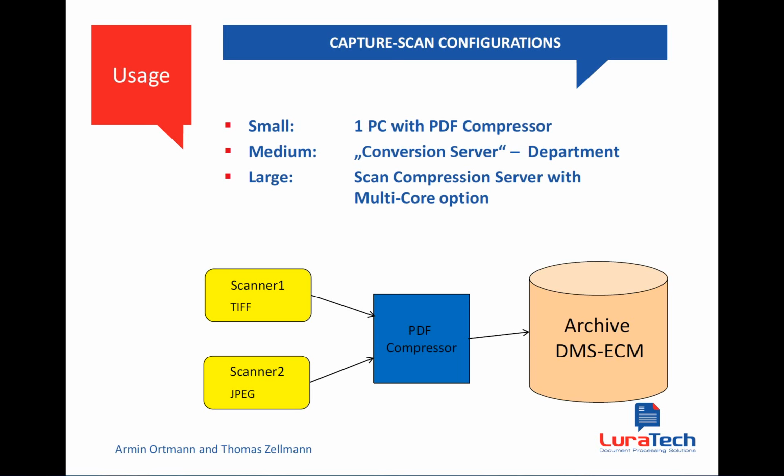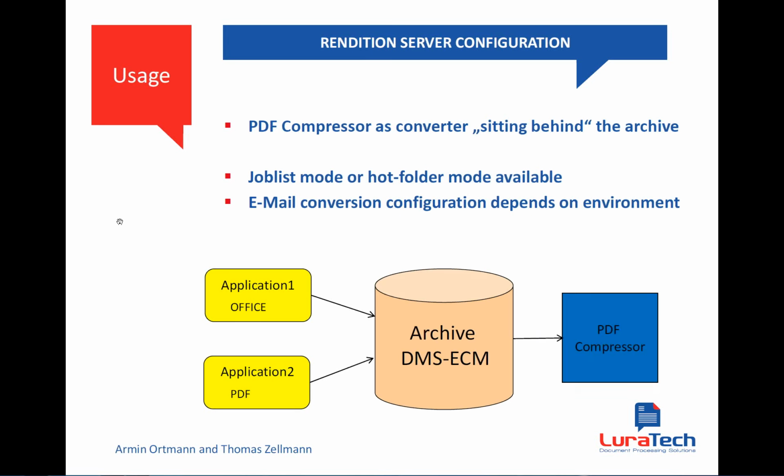This really gives high volume. When we look at the other way, and this is the second configuration, which Armin also presented, where you typically have more born-digital documents you want to convert, then PDF Compressor typically sits behind the archive like a rendition server. We like to call it a so-called rendition server. It's really sitting behind the archive.